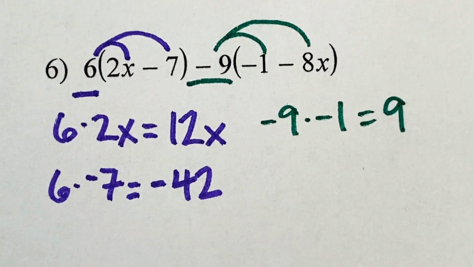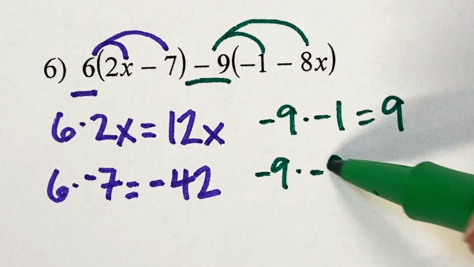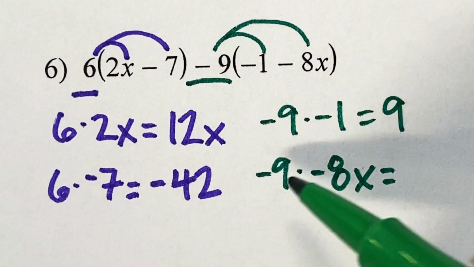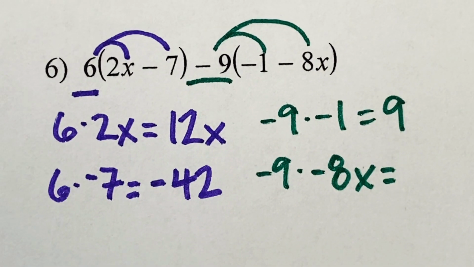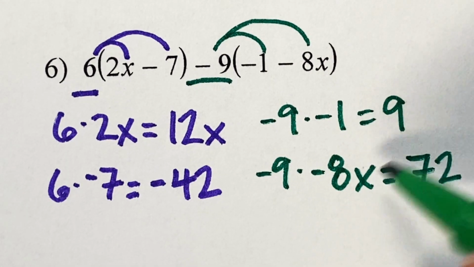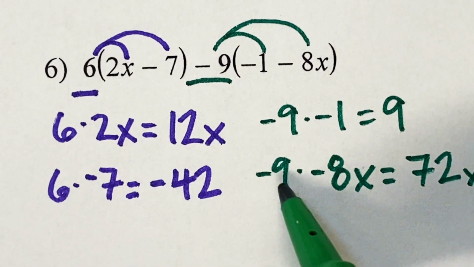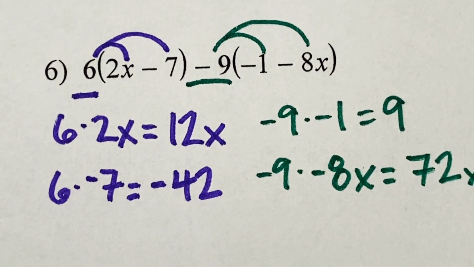It's positive. Okay, again, -9 times -8x. -9 times -8 is going to give me 72 with 1x, right? Negative times negative, positive.